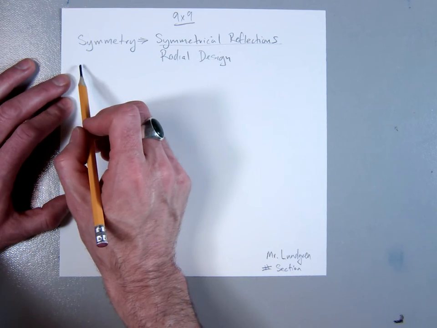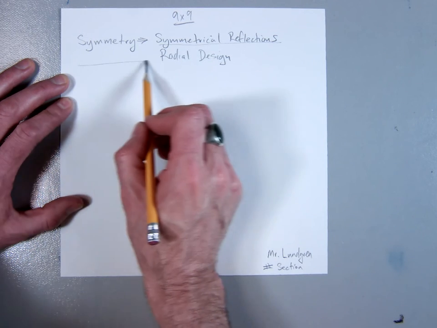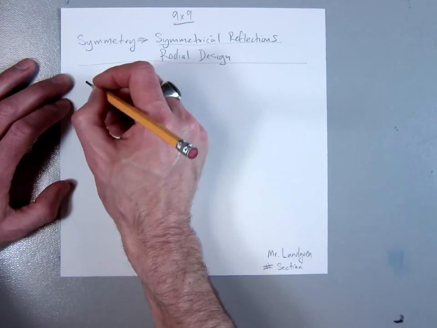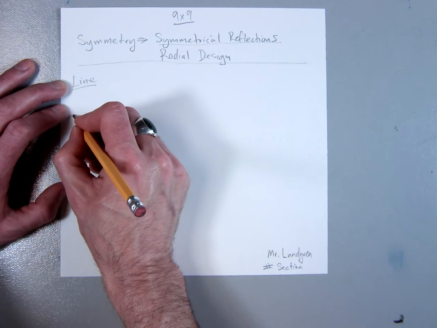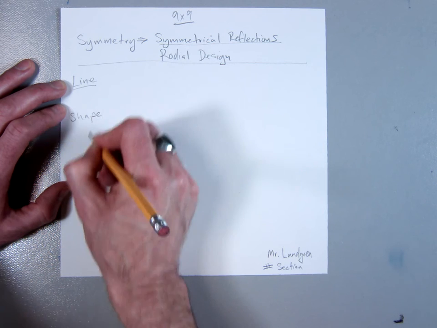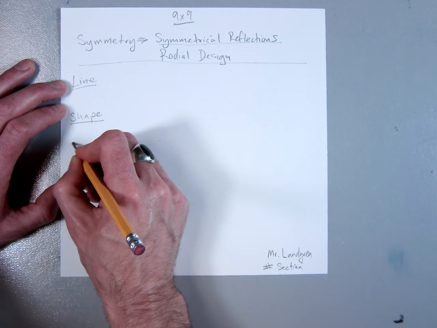Now, what we're going to use to get that symmetry and symmetrical reflection done correctly are the following elements. We're going to be using line. We're going to be using shape. We're going to be using space.